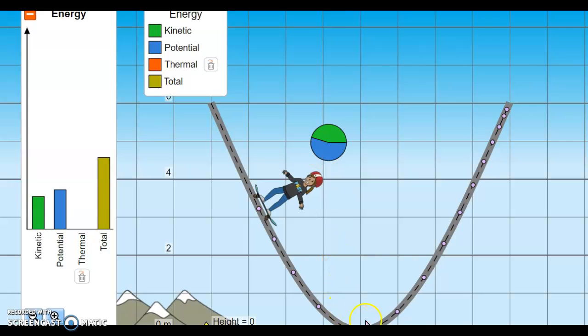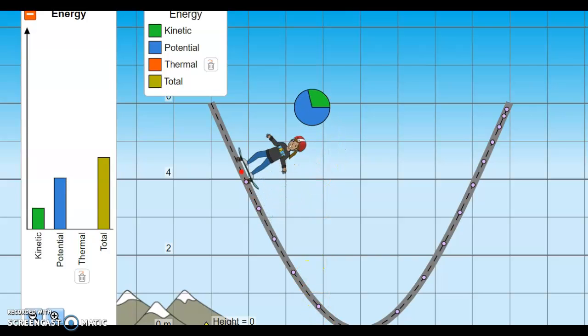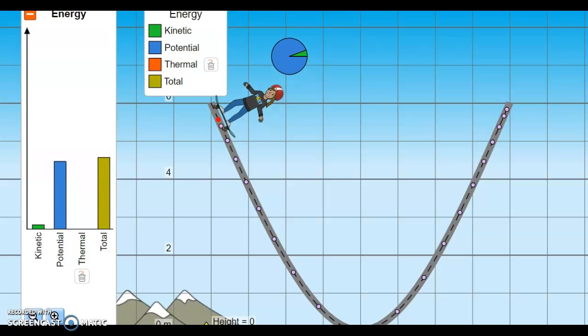So the kinetic energy in here is now converted to potential energy. And once she reaches again the highest peak of the track, that kinetic energy is now converted to potential energy.